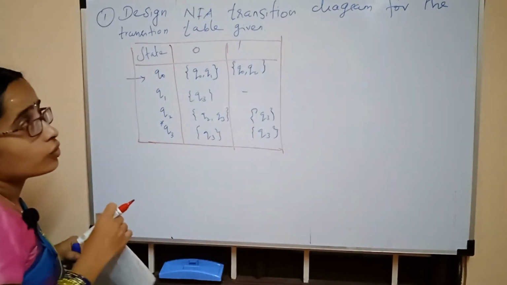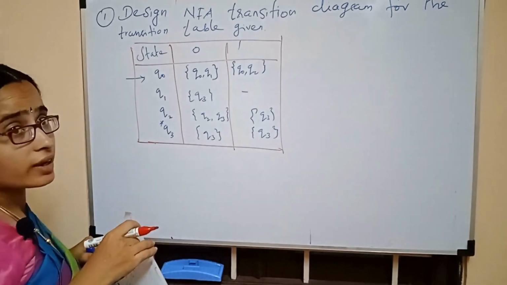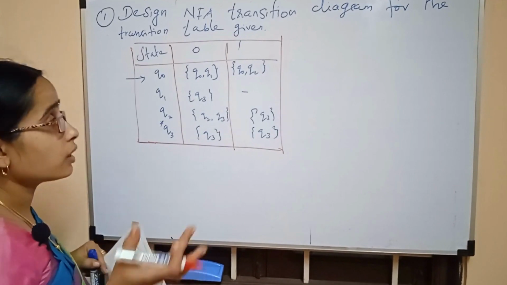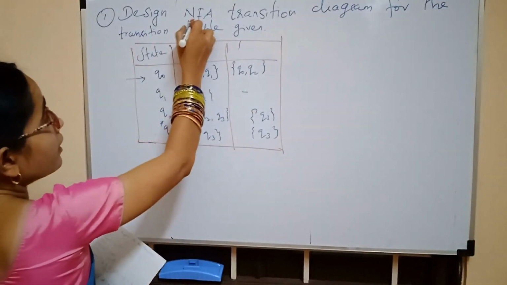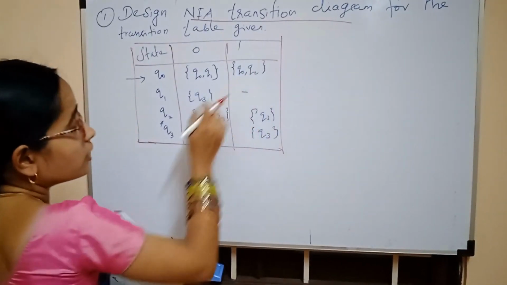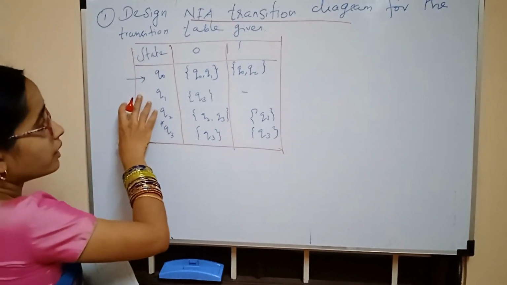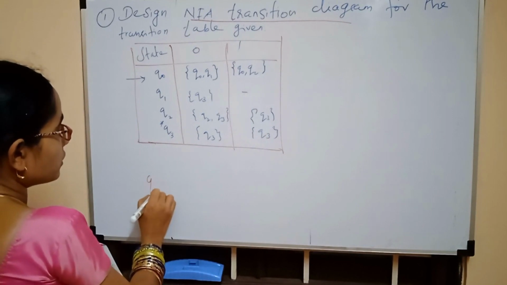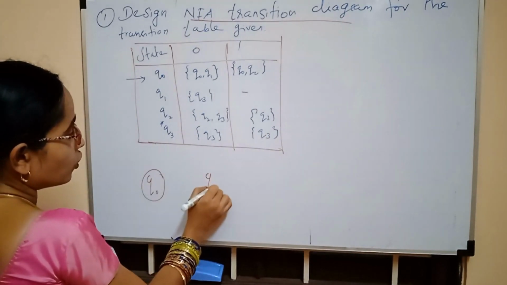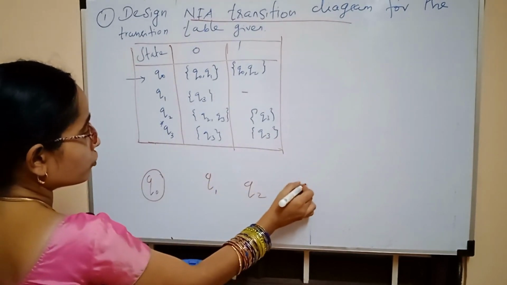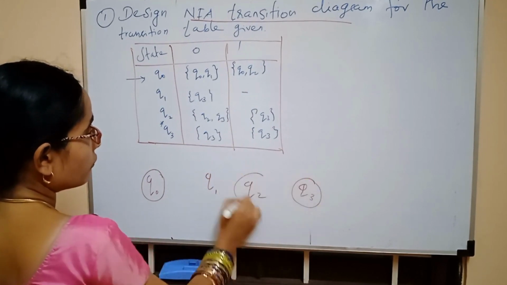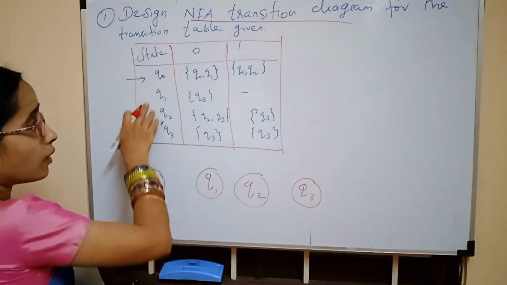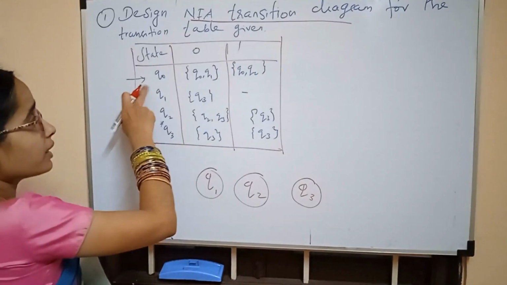In the previous lecture we were discussing what is finite automata, deterministic finite automata and non-deterministic finite automata, and now we'll design an NFA transition diagram for this given table. First of all, identify how many states are here. There are 4 states, so just make them as states Q0, Q1, Q2, Q3.